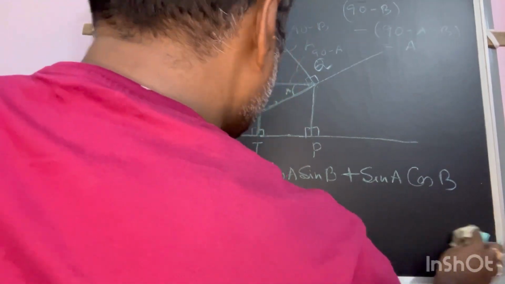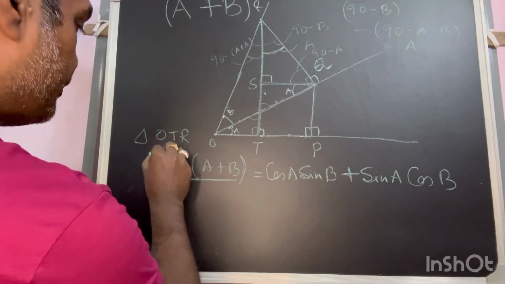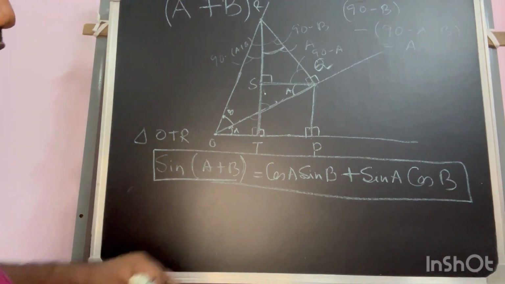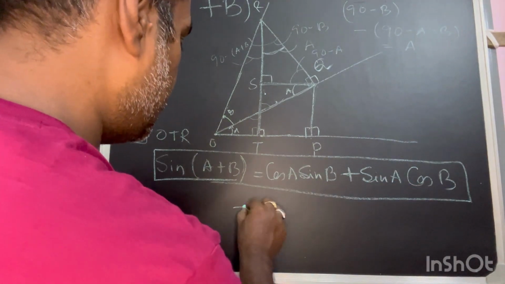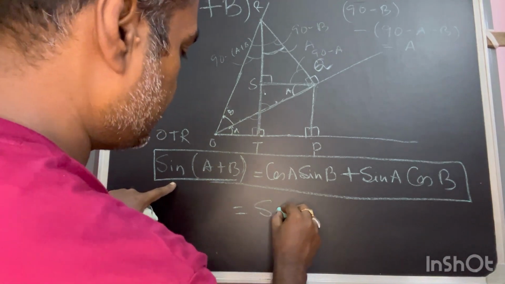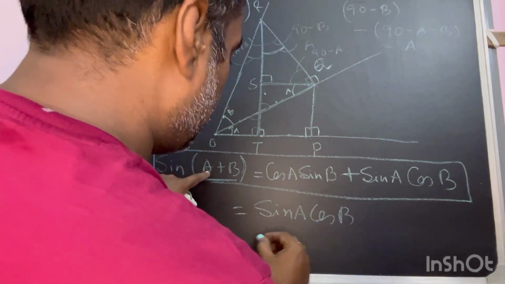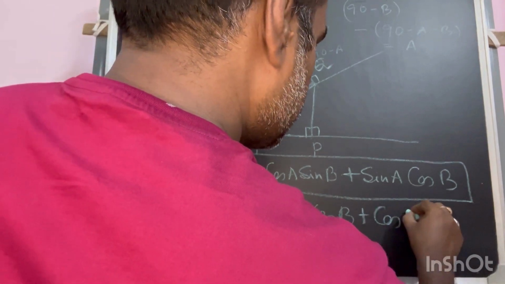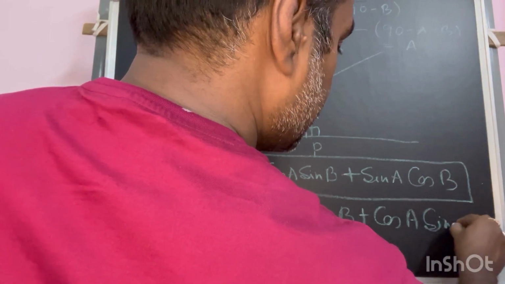Understood? So it stands: sine of A plus B is equal to cos A sin B plus sin A cos B. If I want to arrange it in a systematic manner, as it is sine, I will start with sine A cos B, the sine of the first angle, cos of the second angle, plus cos of the first angle into the sine of the second angle.